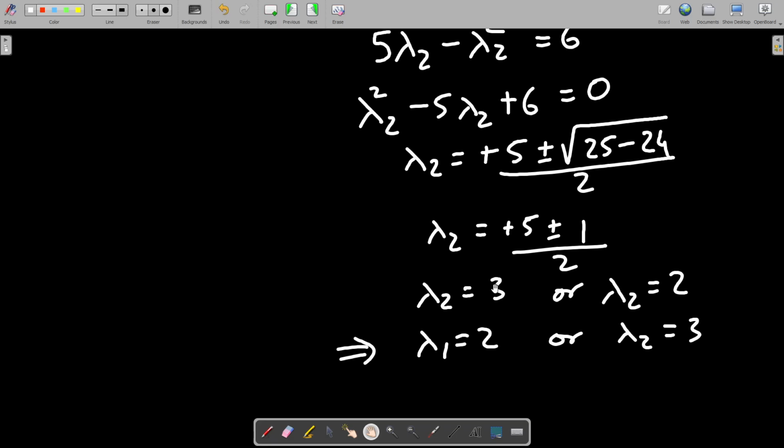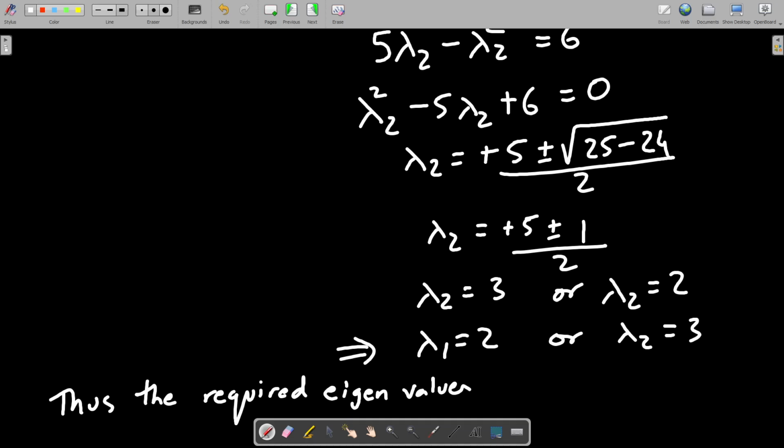The values are 3 and 2 or 2 and 3, so it's the same thing. Thus the required eigenvalues are 2 and 3.